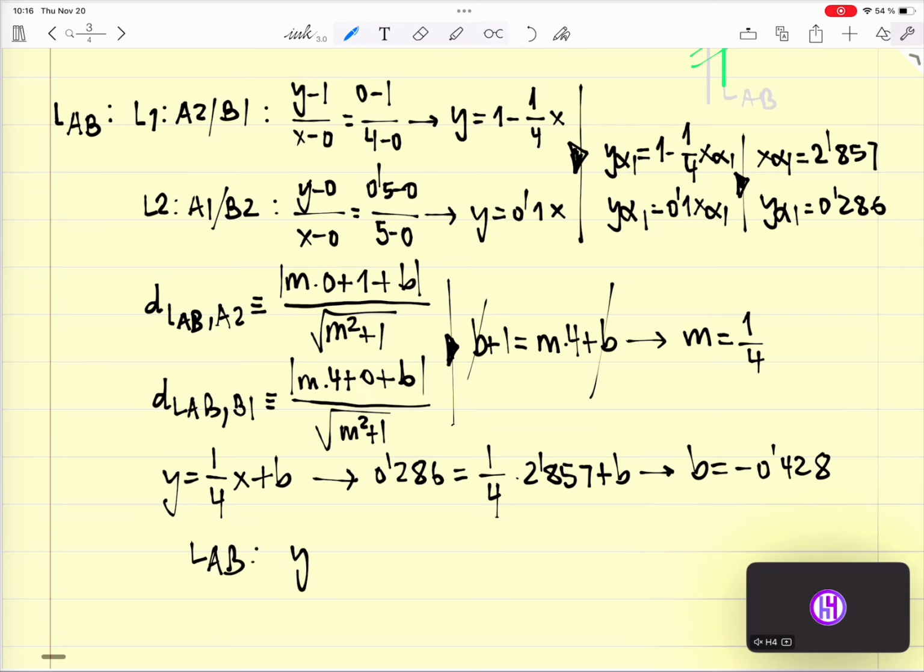Okay, in the first example, y equals 0.25x minus 0.428, and alpha 1 is 2.857 and 0.286.